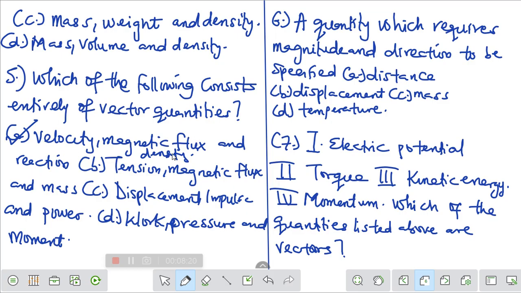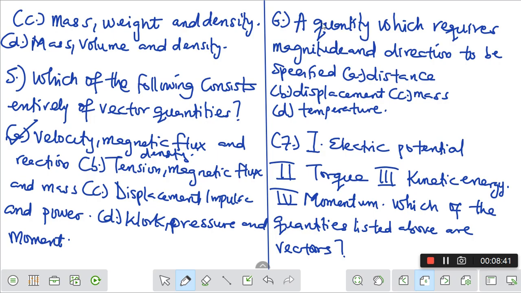Number 6, a quantity which requires, so, you can see that they can ask questions in another dimension. Look at what they asked again. They say a quantity which requires magnitude and direction. So you can see that they are telling you stylishly which one is a vector quantity.